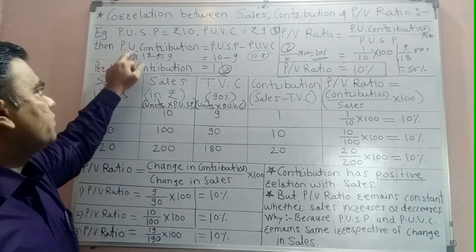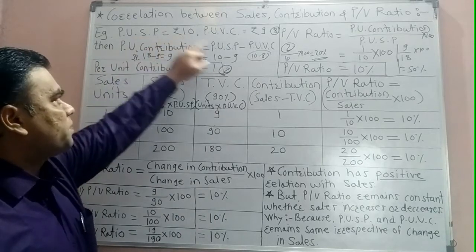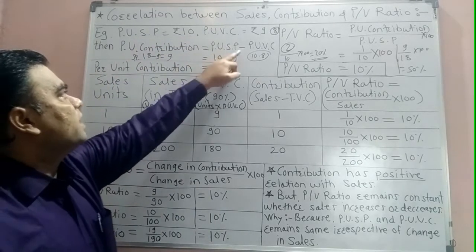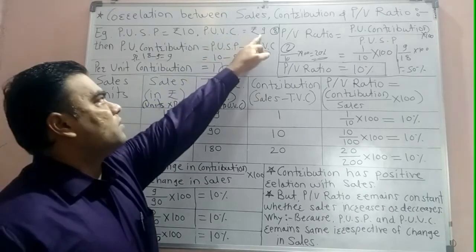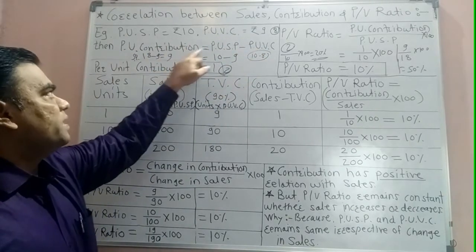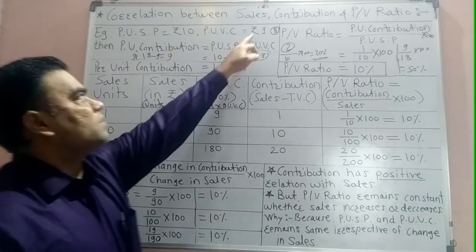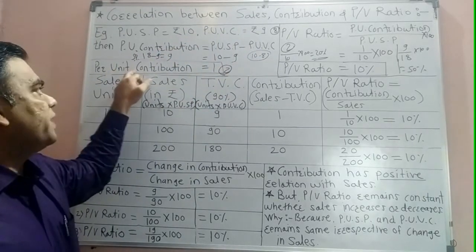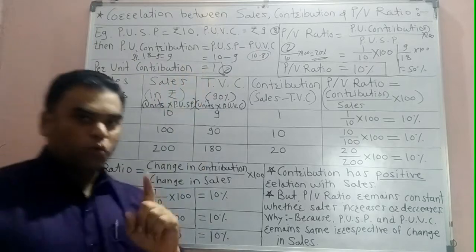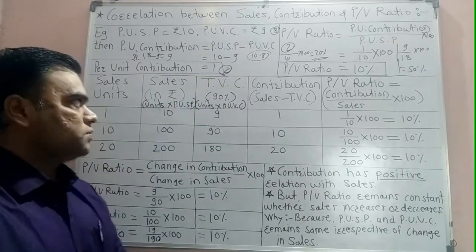Per unit contribution is equal to per unit selling price 10 less per unit variable cost 9. So per unit contribution will be rupee 1.